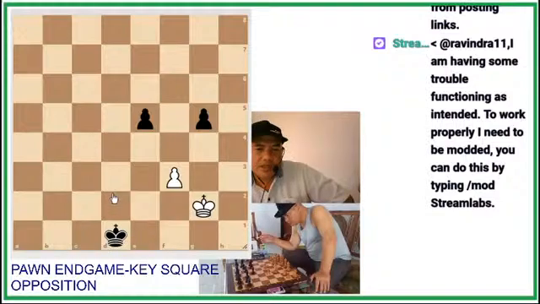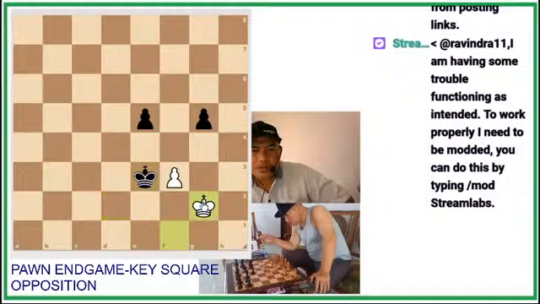Of course, when we see this position, if white goes here, then black can have the opposition. Then in this position, white will lose.